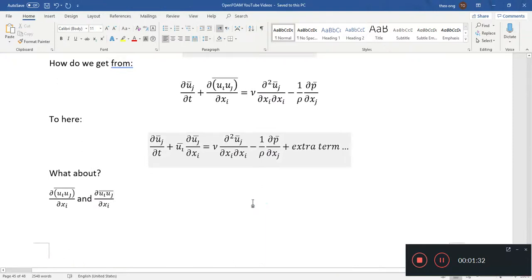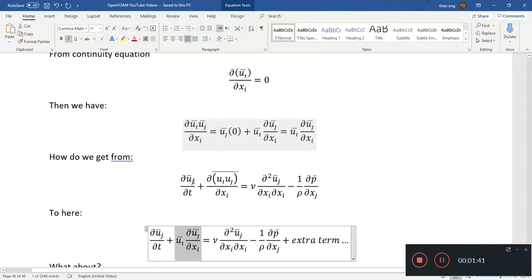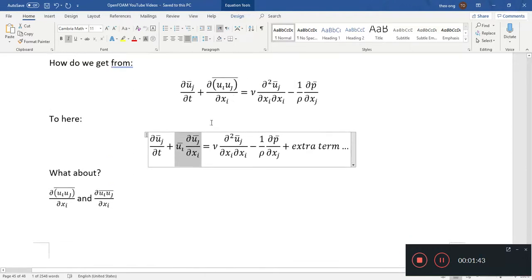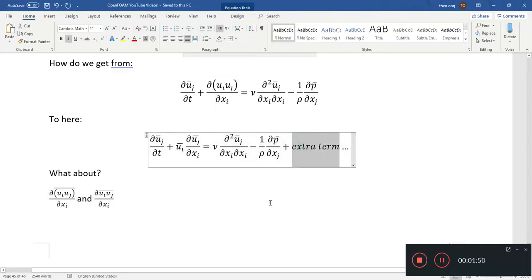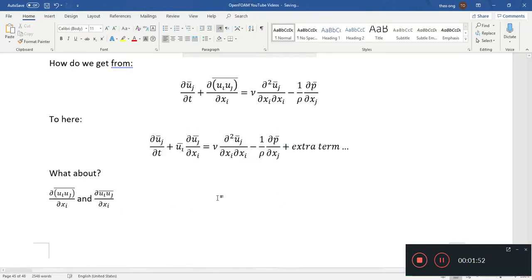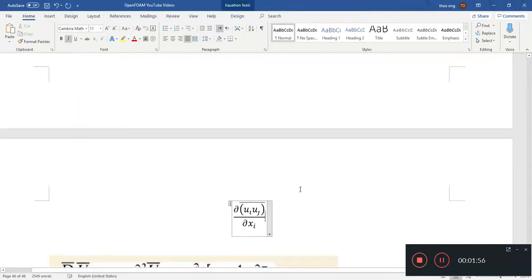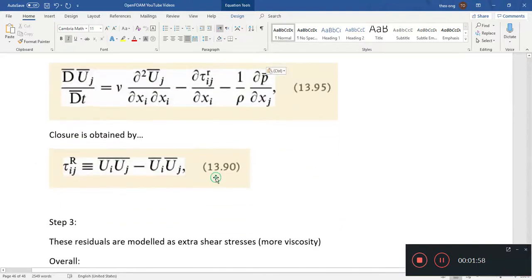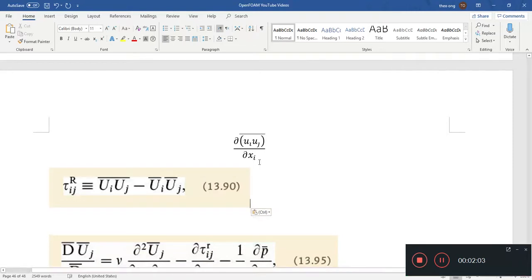And how do we get from this equation to something like this? Firstly, we need to get from here to here. We need to get the difference between these two, and this is where the extra terms will come about. So we have some residuals.